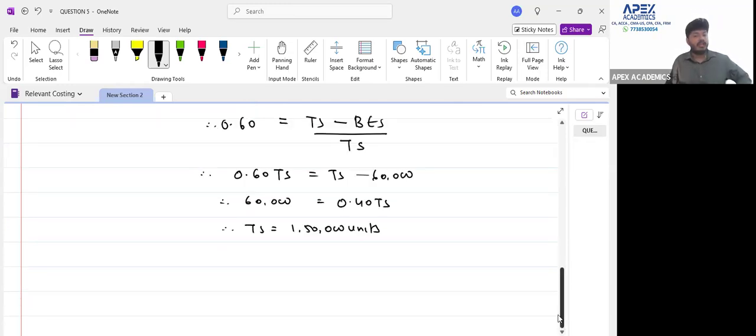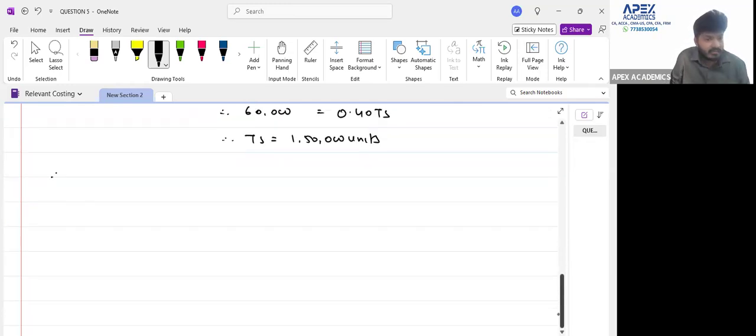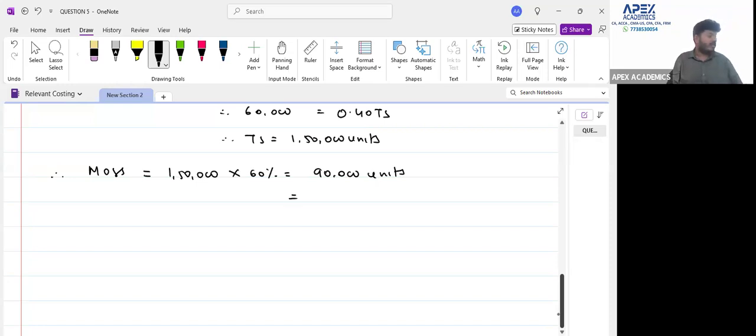Therefore, margin of safety sales is equal to 1,50,000 multiplied by 60%, which is equal to 90,000 units. Have they given us the selling price per unit? Yes, they have. So 90,000 multiplied by 100 per unit, which is 90 lakhs. This is your margin of safety.